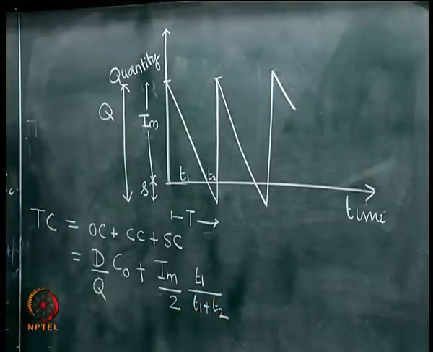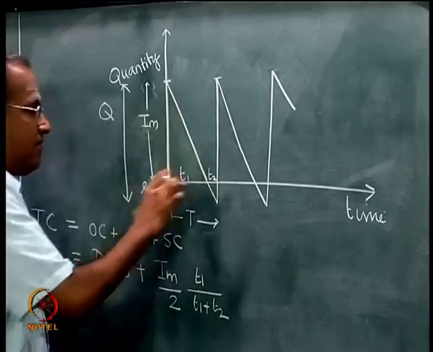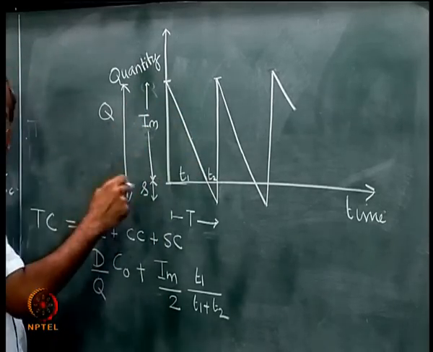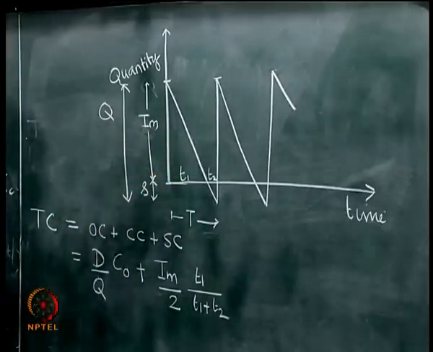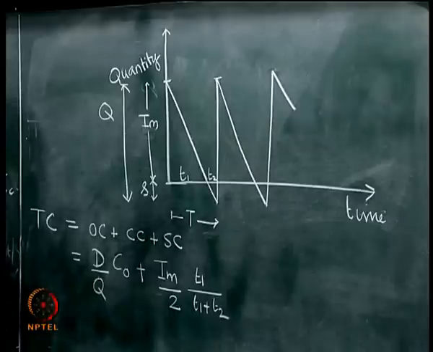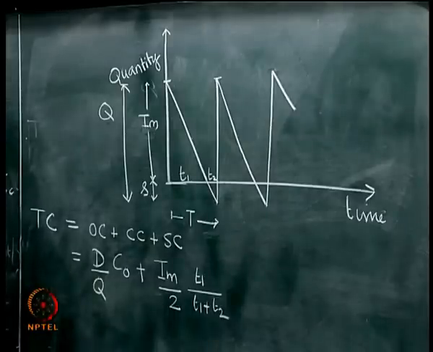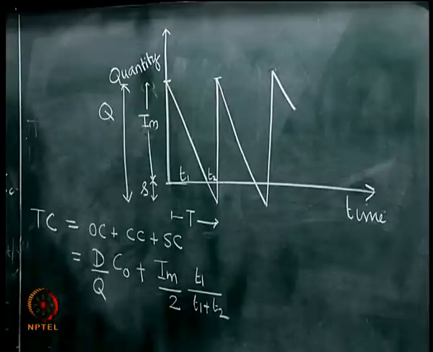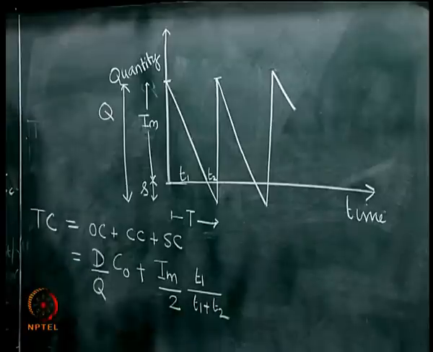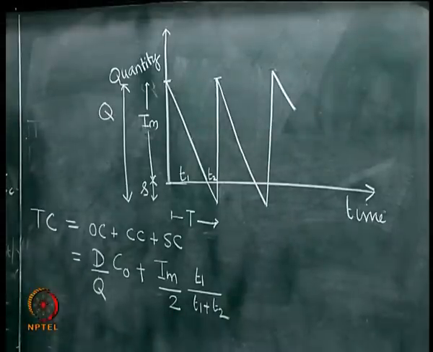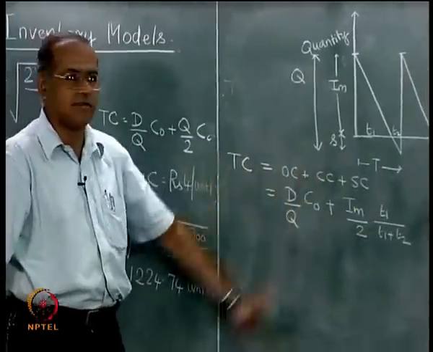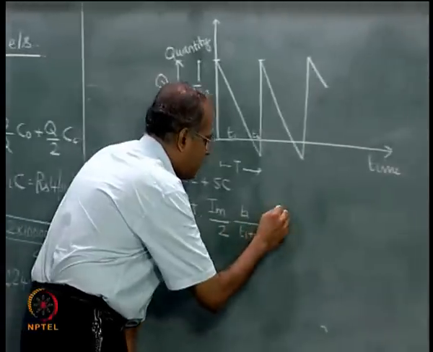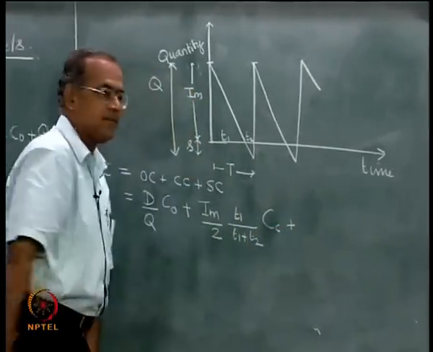Let me repeat again. Total inventory held in a cycle is the area of this triangle, half into Im into T1. So that much is held for a period T1 and 0 is held for a period T2. So average inventory is Im by 2 into T1 plus 0 into T2, divided by T1 plus T2, which simplifies to Im by 2 into T1 by T1 plus T2. This is the average inventory, multiplied by the inventory holding cost, which is CC.